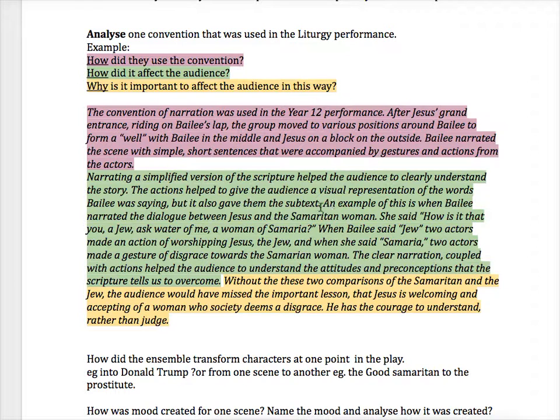So an example of this is when Bailey narrated the dialogue between Jesus and the Samaritan woman. She said, "How is it that you, a Jew, ask water of me, a woman of Samaria?" When Bailey said Jew, the two actors made an action of worshipping Jesus, the Jew. And when she said Samaria, the two actors made a gesture of disgrace towards the Samaritan woman.